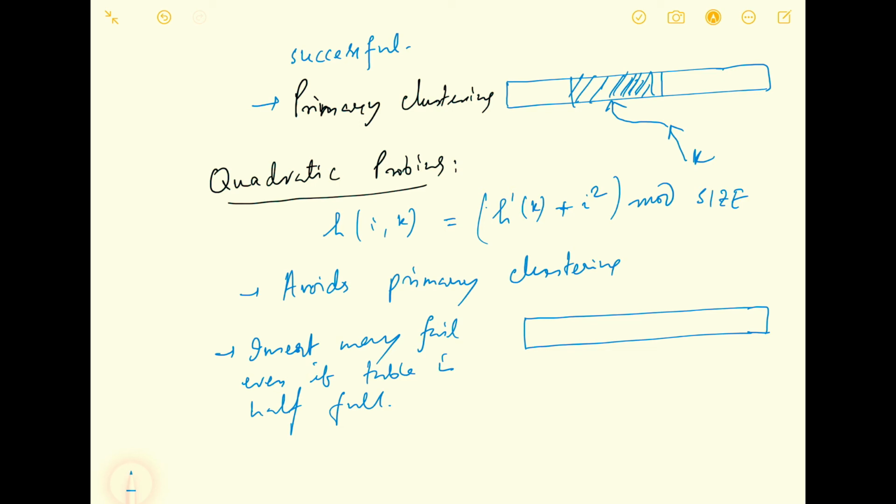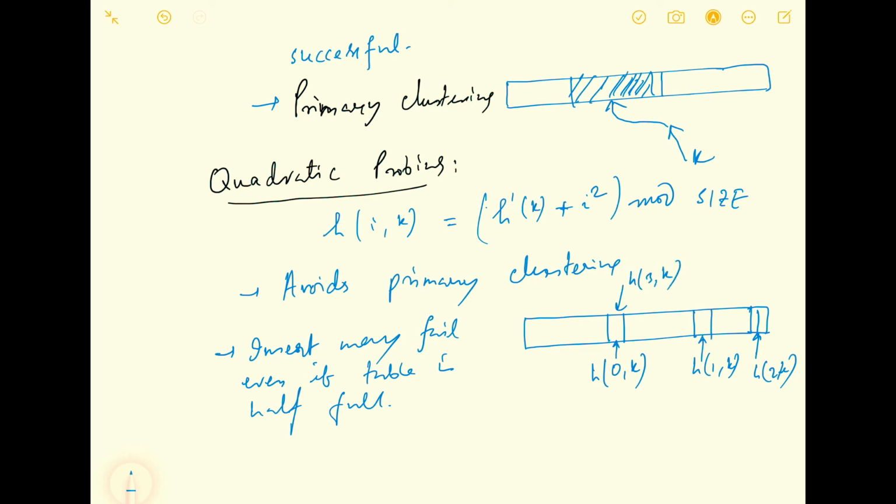Now what do you mean by insert failing? Suppose you want to insert k, you look at h0 of k, and suppose there is already some key present there, and then you go to h1 of k. Suppose this key is present there, and these are the consecutive cells that you are probing, and suppose h2 of k, and this again h3 of k.